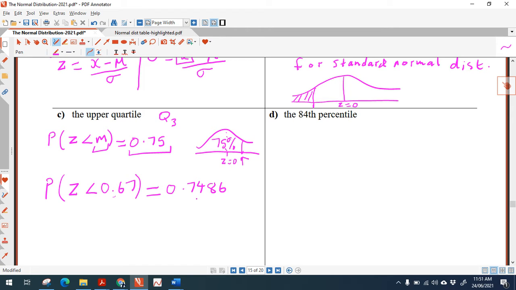All right, so that means we can write down, well, this is your upper quartile for the standard distribution.